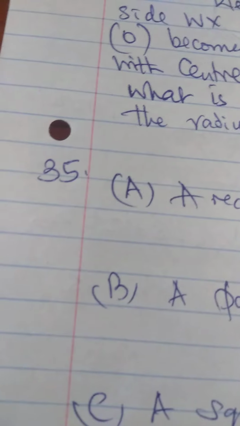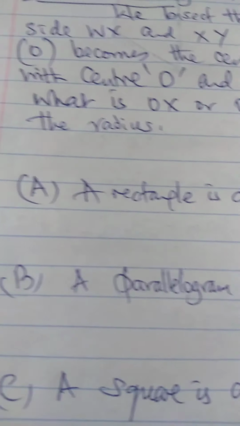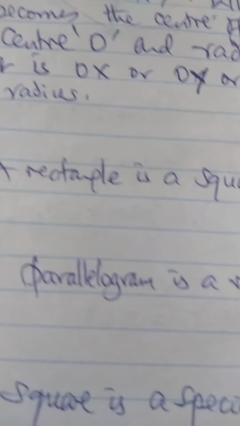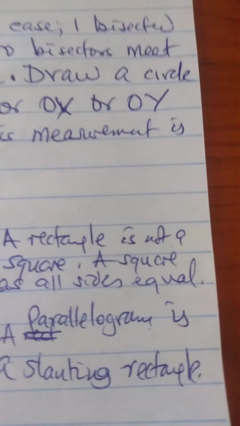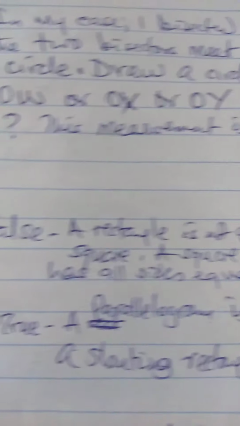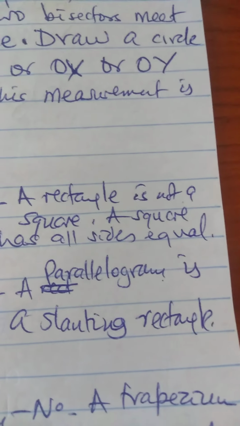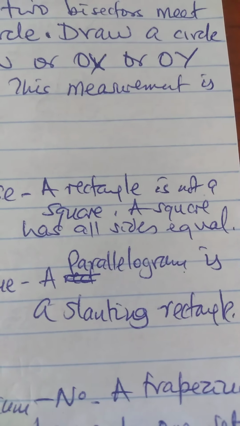Number 35. You are asked which of the following statements is true about quadrilaterals. The first statement is false. A rectangle is not a square. A square has all sides equal. Then B, you are told a parallelogram is a rectangle. That is true. It's a slanting rectangle. That is what we call a parallelogram.